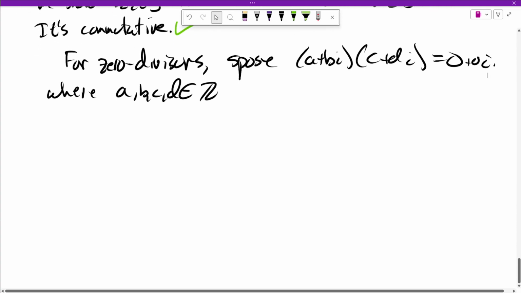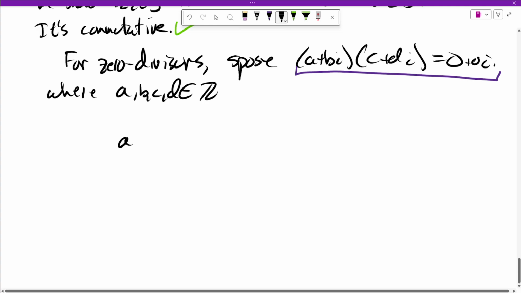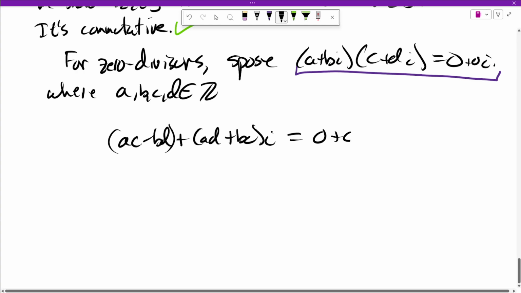Okay, so suppose we have this. What we're going to do now is multiply out the left-hand side, and we're going to get a system of equations from this. So the product of a plus bi with c plus di is ac minus bd plus (ad plus bc)i, and that's equal to 0 plus 0i.